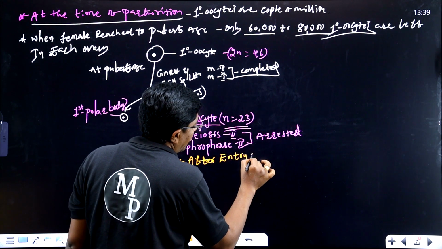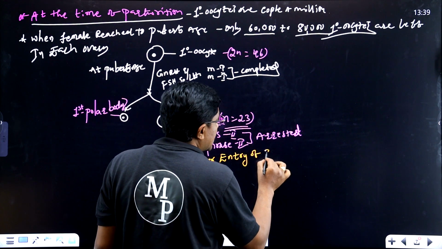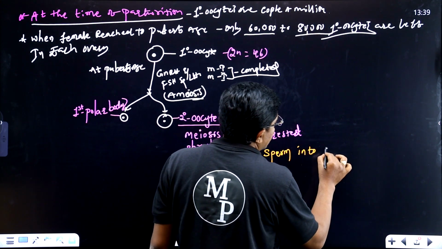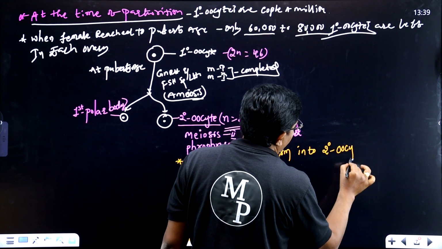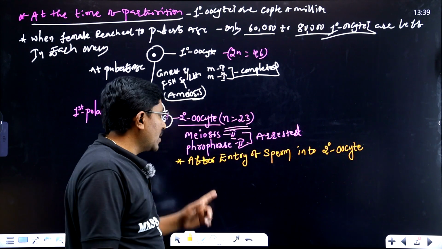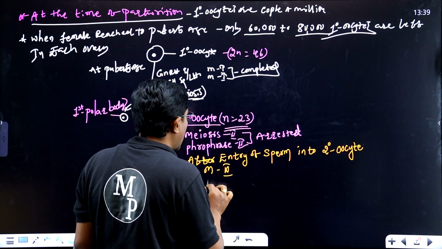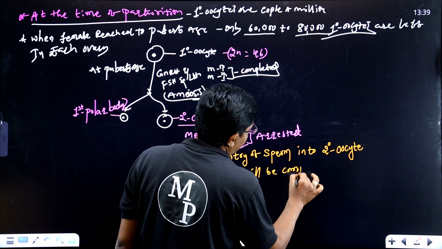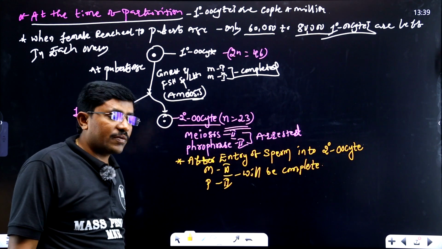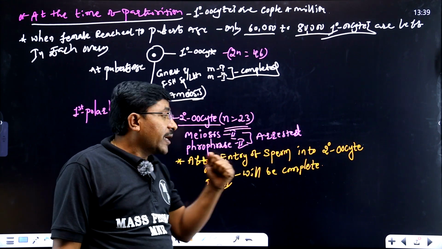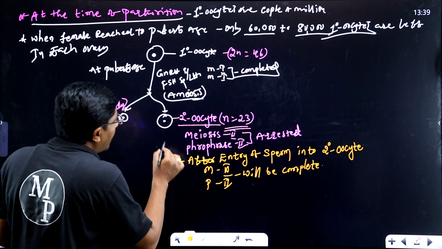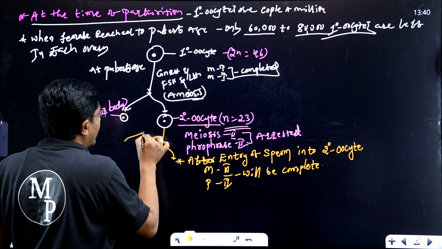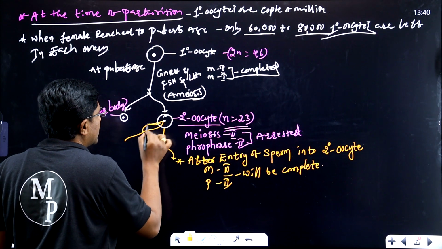Very important point: after entry of sperm into the secondary oocyte, meiosis 2 will be completed. That is enough, it will be completed only after entry of sperm. If the sperm is available to this secondary oocyte, for example, it is the sperm.